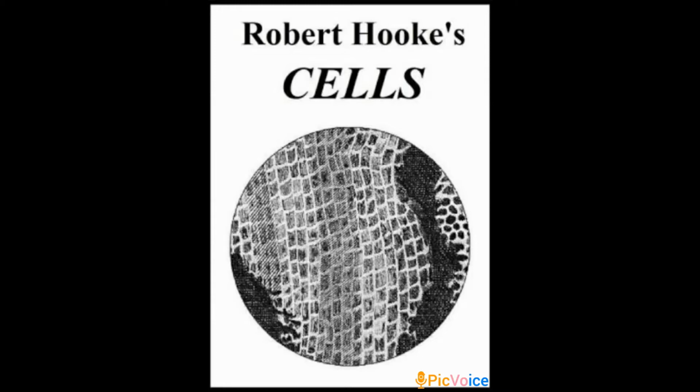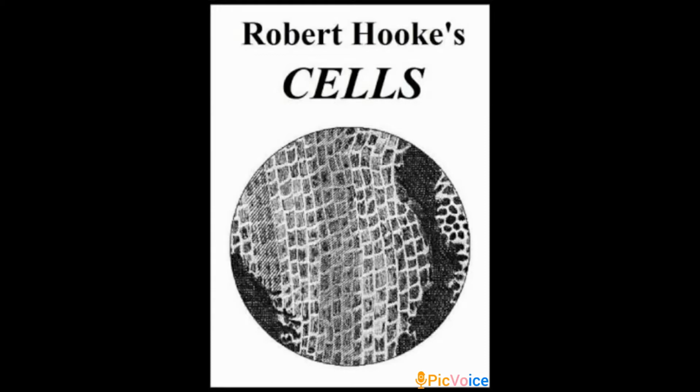There he noticed some boxes. These boxes appeared like a honeycomb, and he also noticed that one box was separated from the other by a wall. So then Robert Hooke coined the name cell for each box.